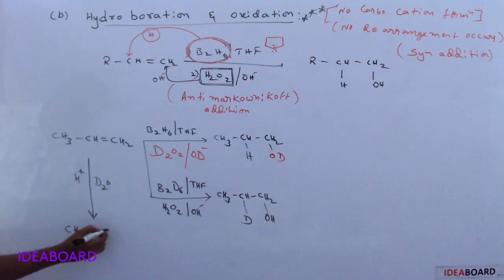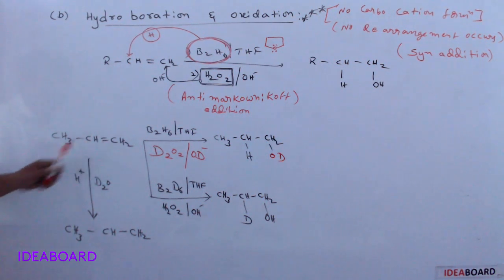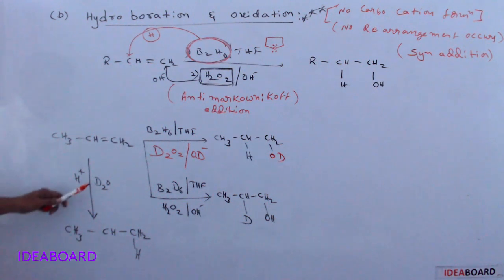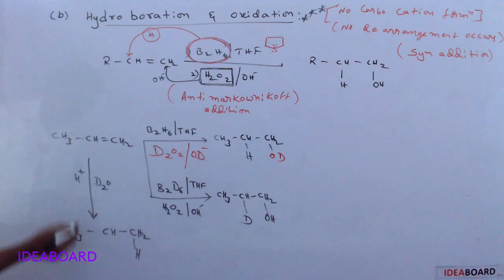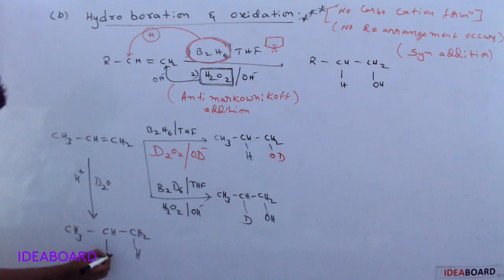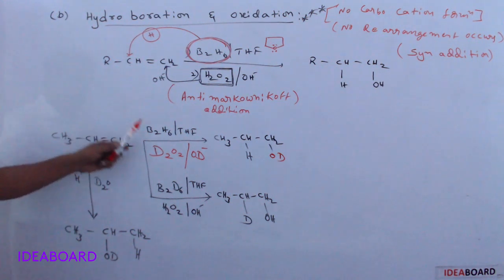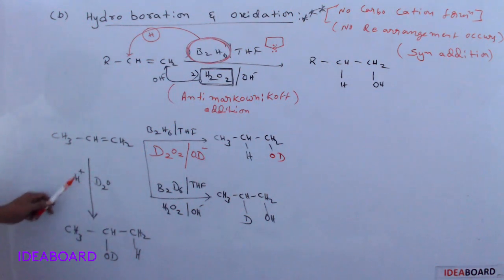So CH3, here it is CH, and single bond CH2. Next, H plus is added to this carbon. Then from the D2O molecule, this is added, and next deprotonation occurs. So finally you get OD here. This is acid catalyzed hydration. Please remember, it is not oxymercuration-demercuration. These two are oxymercuration-demercuration. In acid catalyzed hydration, they may also sometimes give H plus D2O, or D plus H2O.